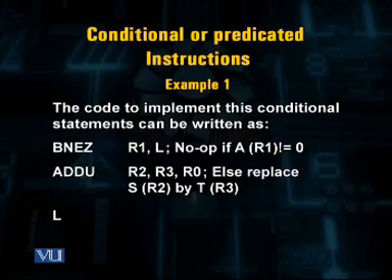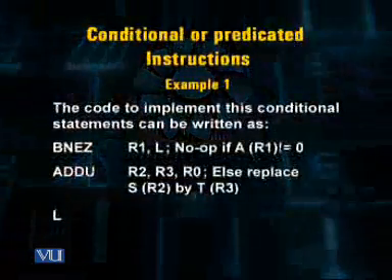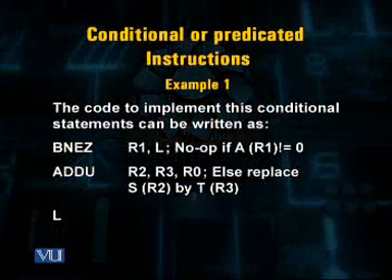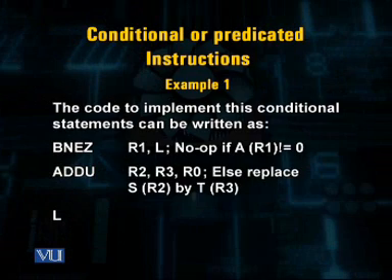R0, as you know, in the MIPS architecture is assumed to be the register which always holds a value equal to 0. So adding 0 to the contents of R3 and then placing this value into the register R2 is basically equivalent to replacing the value of S, which is in R2, by the value of T, which is in R3.